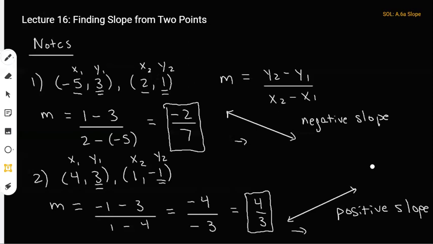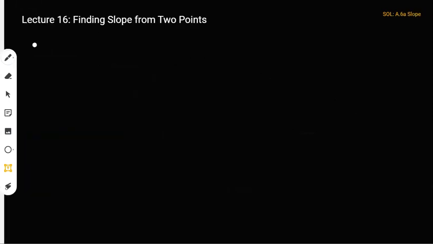Okay. The next one we're going to try is number 3. Number 3 gives us 2 points. They're going to be 2, 5 and 2, negative 6.